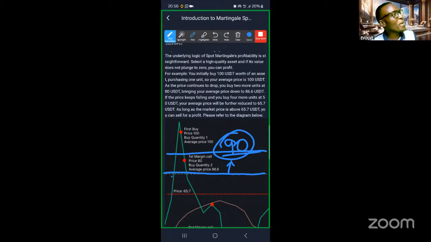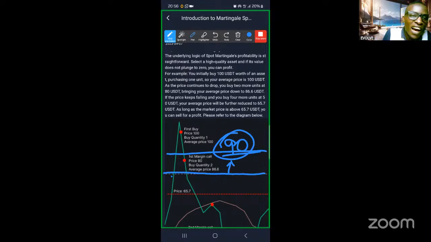Then I opened the first coin to check the settings. Ha! I saw margin call. First position, first buying amount, $500. I said, did I see wrongly or did I see so well? I check another coin. First position, first buying amount, $500. I said, this man is very, very serious.